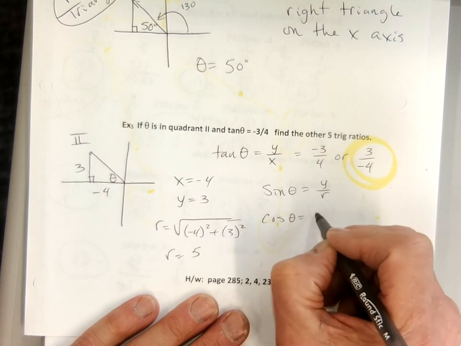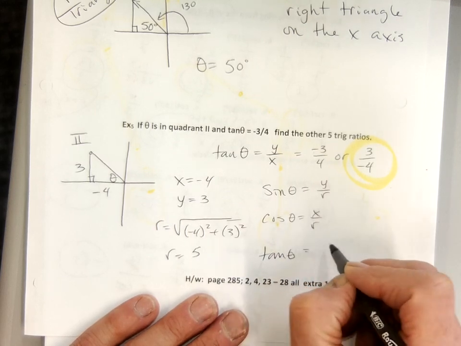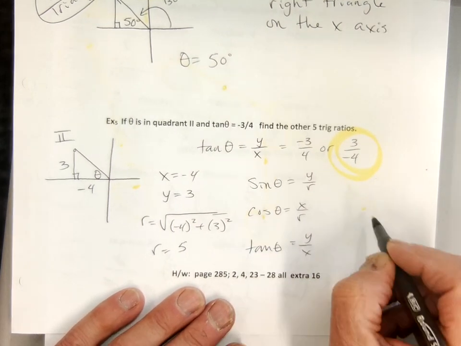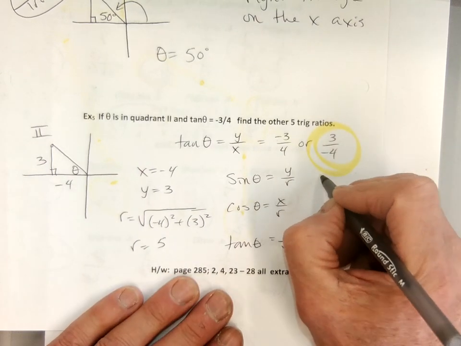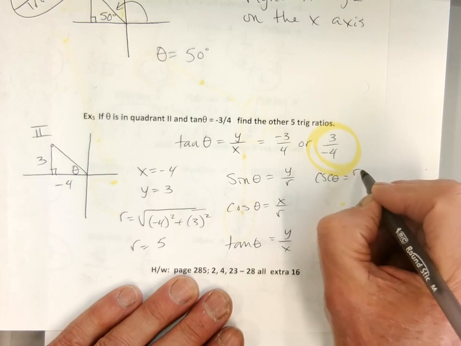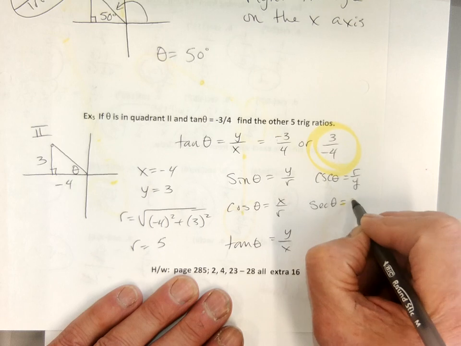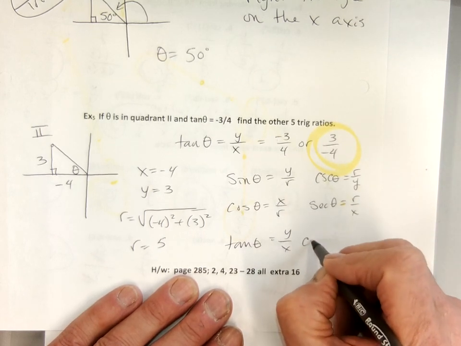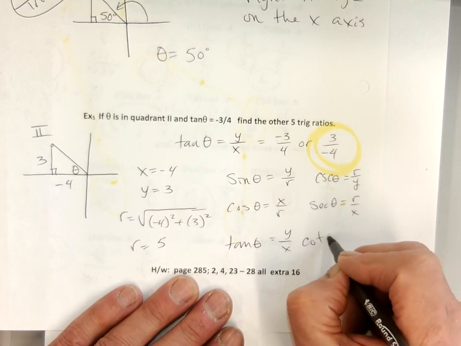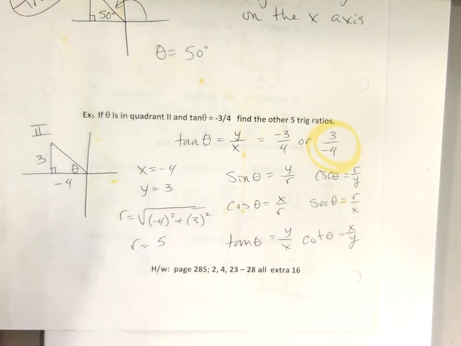Cosine is the x over the r. Tangent is the y over the x. My cosecant is my r over my y. My secant is my r over my x. My cotangent is my x over my y. So I'm just going to put the numbers in when you guys are caught up, okay?